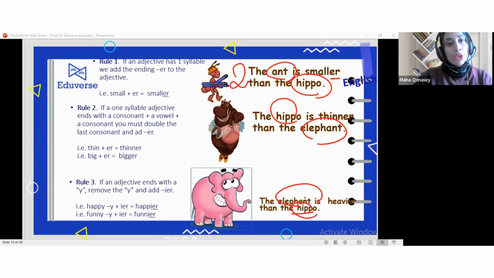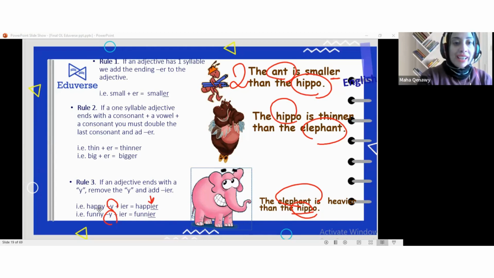Okay. Do I have to pay attention to some things? Yes, please, to the spelling of the adjective. Sometimes if the adjective ends in Y, like happy, funny, heavy, you have to change the Y into I-E-R.